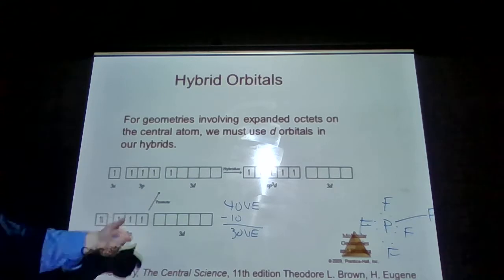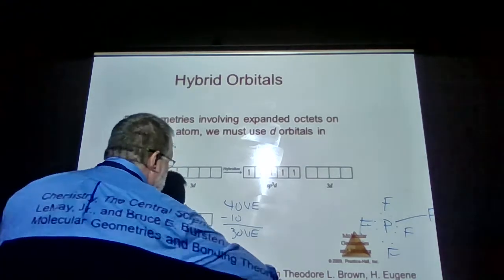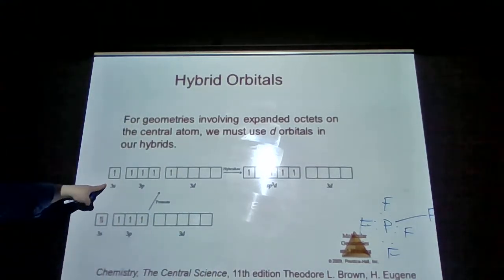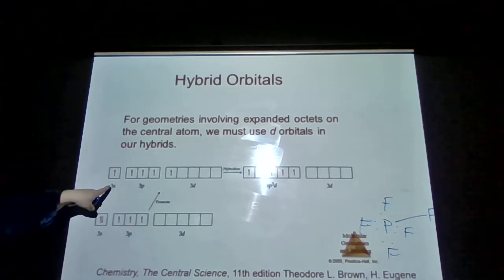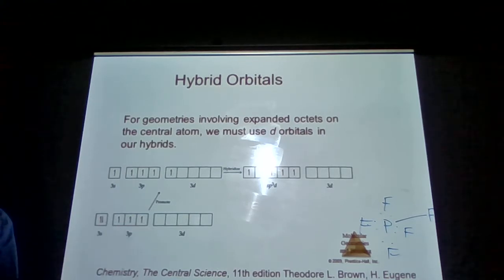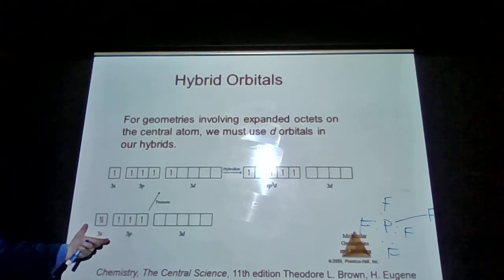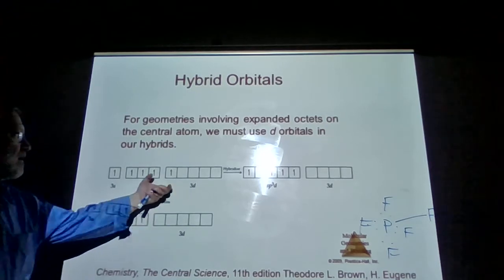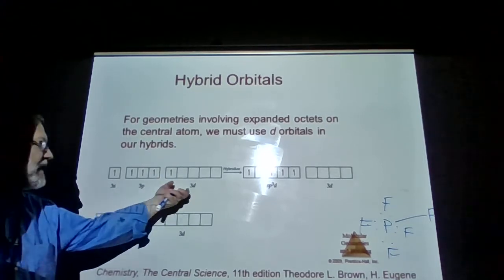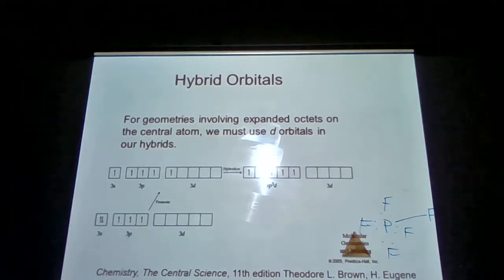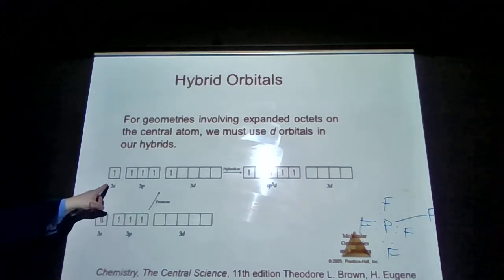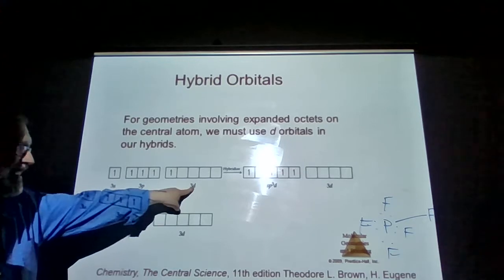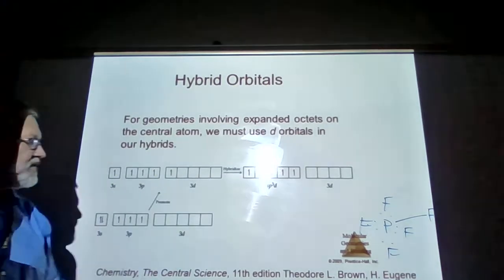If we look at phosphorus, its electron configuration is 3s2, 3p3. If we promote an electron up into the empty d orbitals, we get an sp3d hybridization.